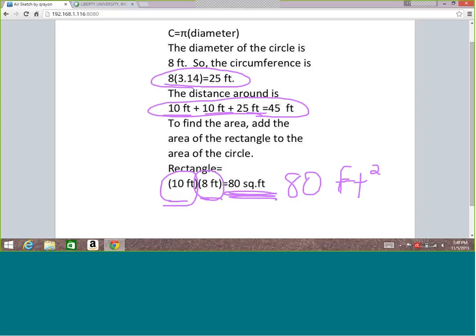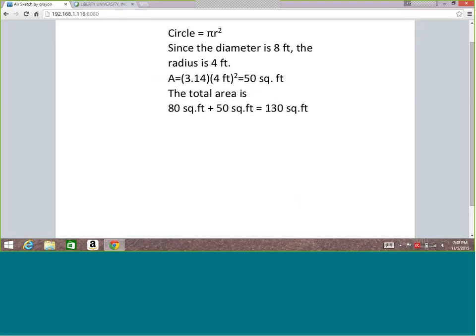Now we have to find the area of the circle, which is the 2 semicircles put together. Let's find the area of the circle and add that to the 80 square feet. So the diameter is 8 feet, so that means the radius is 4 feet. And I'm going to put 4 in for r, my circle formula, pi r squared. Okay, so if I have the diameter, I have to find the radius by cutting it in half.